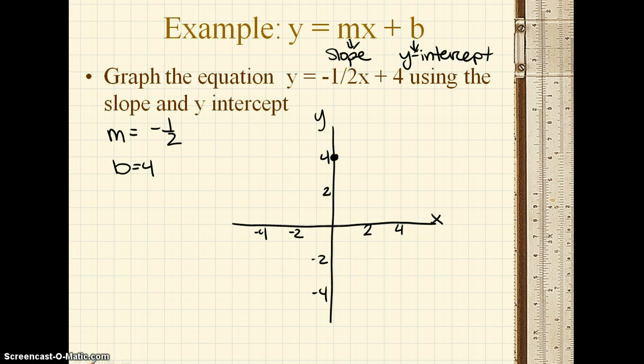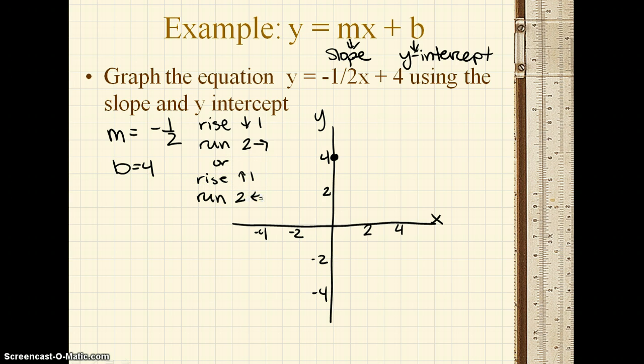And then once you have put that dot, you are actually going to go ahead and use the slope. So our rise is down 1, and our run is 2 to the right. Or your rise can be up 1, and your run can be 2 to the left.